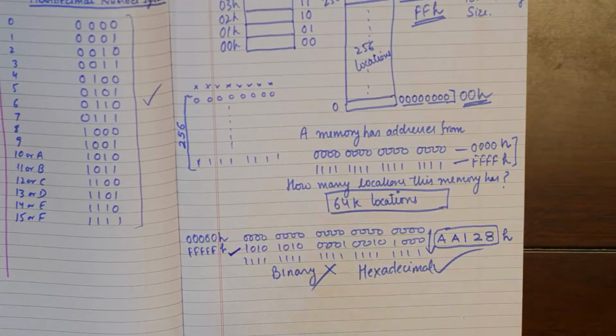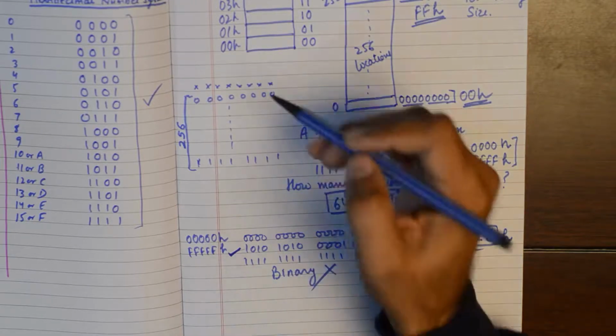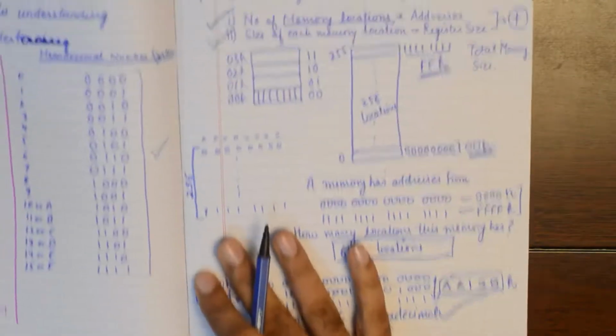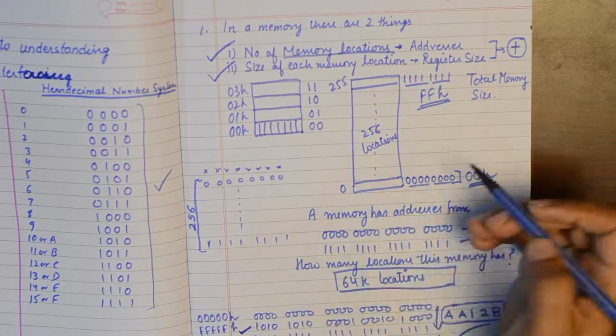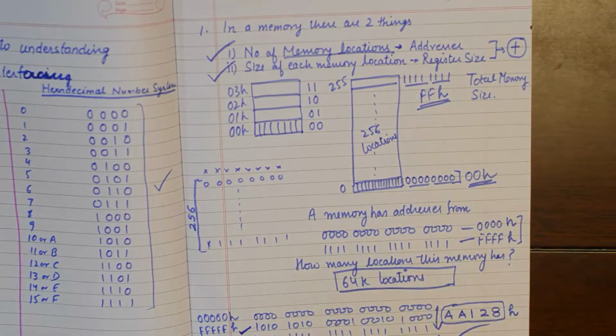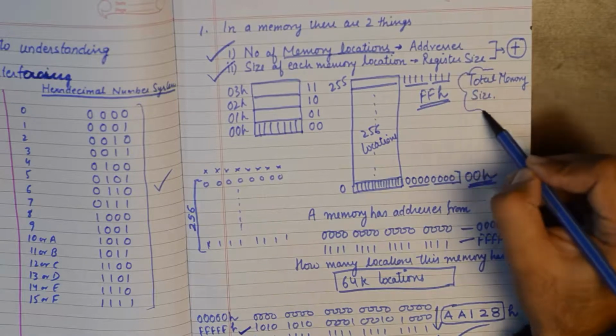Now, coming to the next part, size of each memory location. Once again, the register size of each memory location is going to be some integral power of 2. For example, the register size can be 8-bit, the register size can be 16-bit, and so on. Now, how does it affect the total memory size?